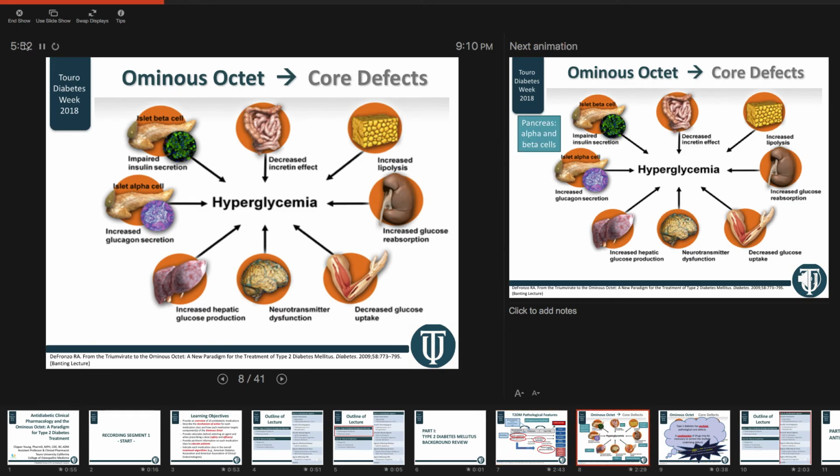As I mentioned earlier, there's a structure that we use in explaining the causes of hyperglycemia, and this structure is called the Omnibus Octet. When we talk about the Omnibus Octet, what we're really focusing on are the core defects in type 2 diabetes. There are 8, hence octet. So let's start with the pancreas.